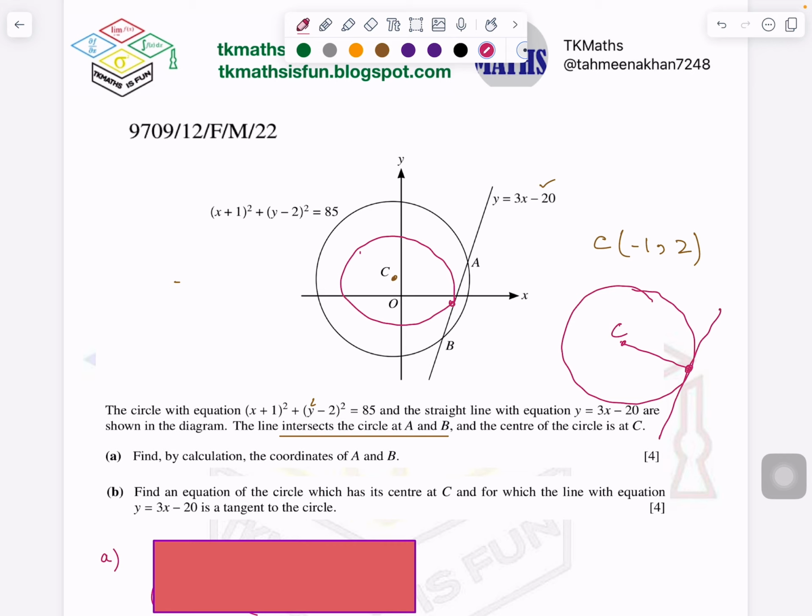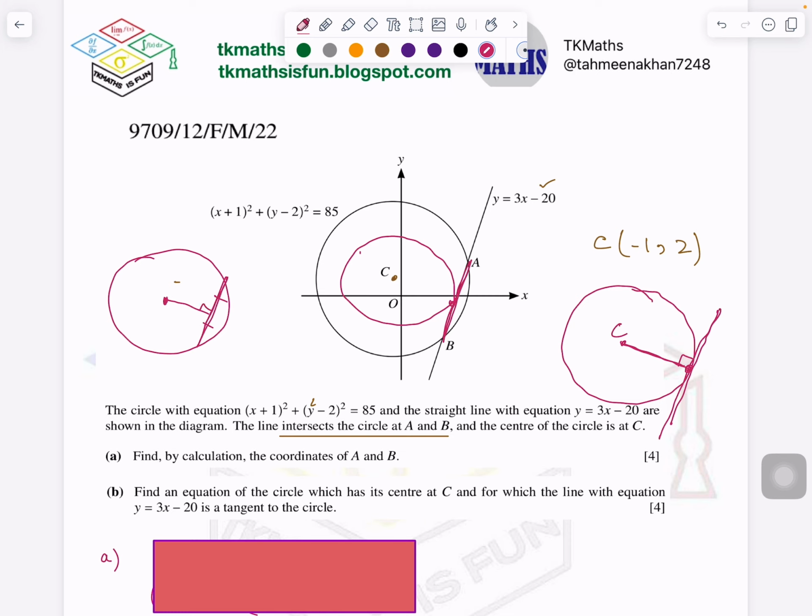Okay, so let me give you the explanation here. The tangent and the radius are perpendicular at the point of contact. According to the property of a circle, AB is forming a chord, right? If you draw a line from the center of the circle to the chord such that it divides the chord into two equal parts, then it is always perpendicular to it.